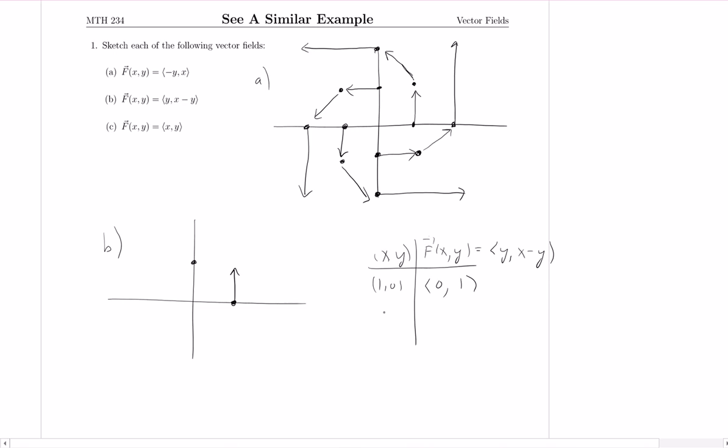If I pick this point, (0, 1), I get (1, minus 1), so it points to the right and down. How about if I pick (negative 1, 0)?